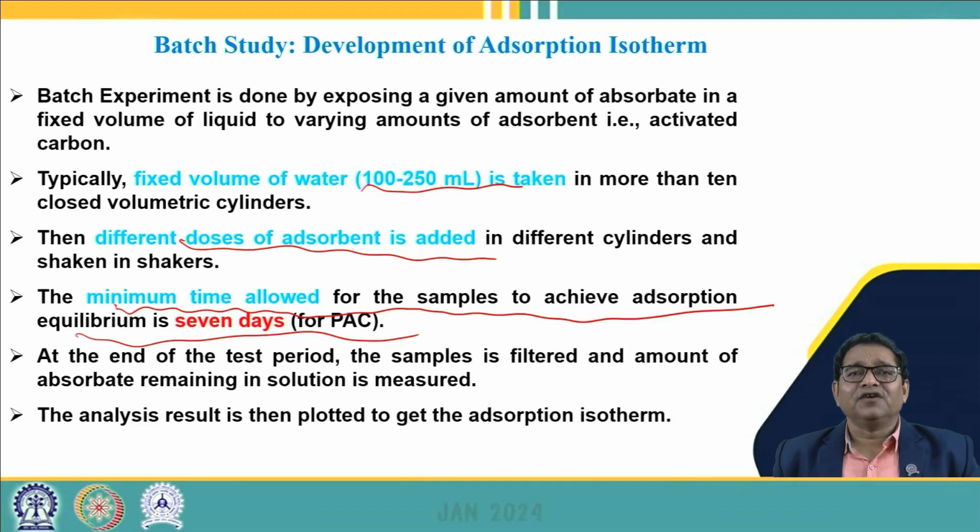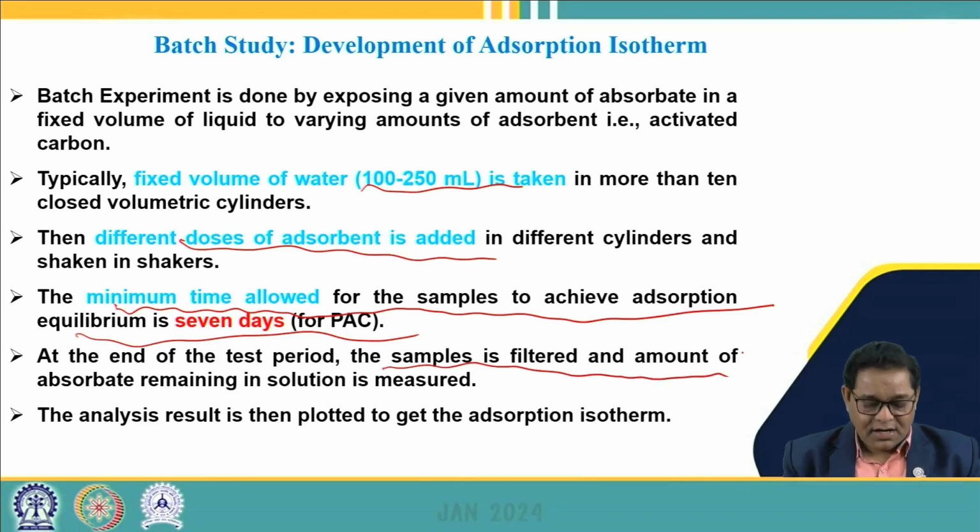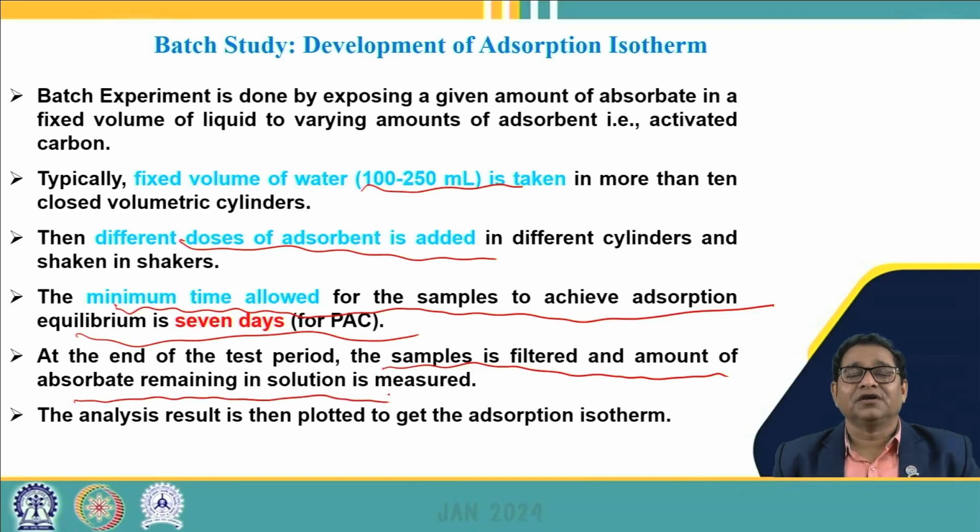At the end of this test period, when equilibrium is achieved, we take out the samples, filter them, and the amount of adsorbate remaining in the solution has to be measured, and the analysis is performed to find out the different isotherm parameters.